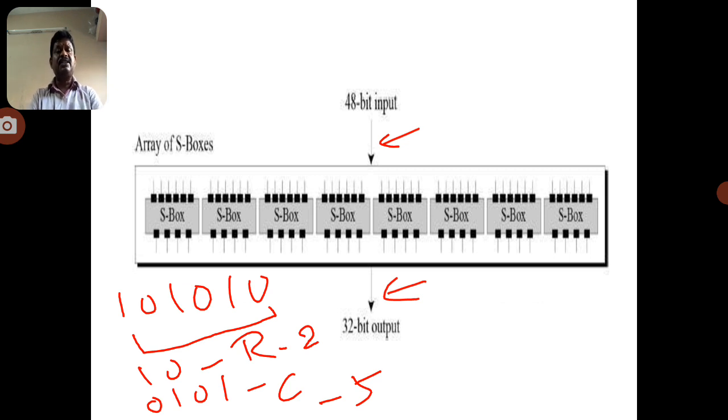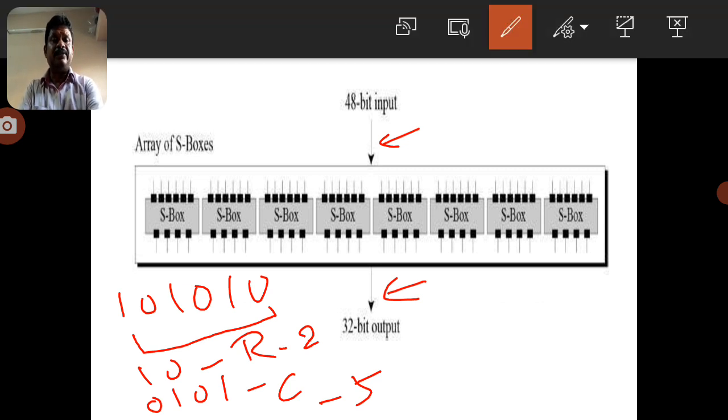So 4 into 16 order, in the sense that is 64 bit data. So the second row and the fifth column of the data is taken. Suppose the value at the second row and fifth column is 11. So how do we convert the value 11? 1 value, 2 value, 4 value is 0 and 8 value is 1.